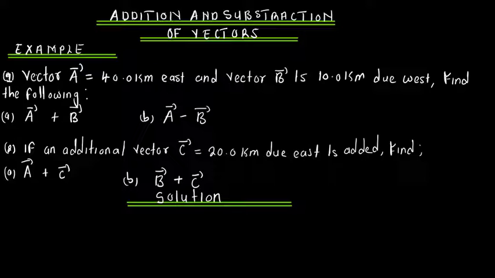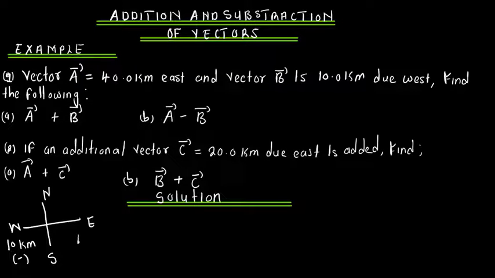In this case, vector A is simply 40 kilometers east, B is 10 kilometers due west. So if we were to draw this on the line, this is our west, this becomes our east, this becomes our north and our south. B is simply 10 kilometers west. So in this case, it will attain a negative direction.